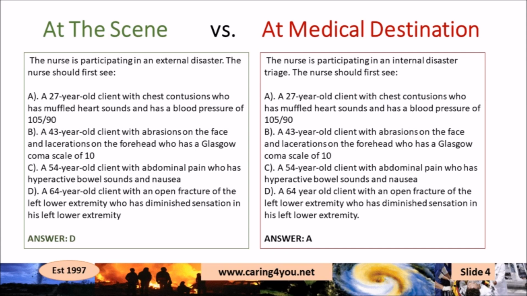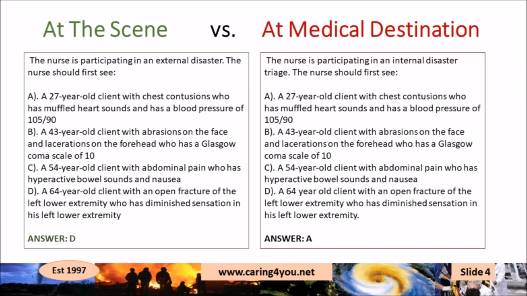B: A 43-year-old client with abrasions on the face and lacerations on the forehead who has a Glasgow Coma Scale of 10. C: A 54-year-old client with abdominal pain who has hyperactive bowel sounds and nausea. D: A 64-year-old client with an open fracture to the left lower extremity has diminished sensation in his lower left extremity.